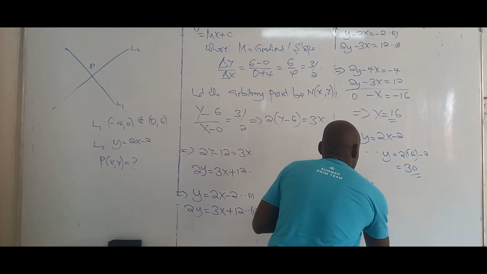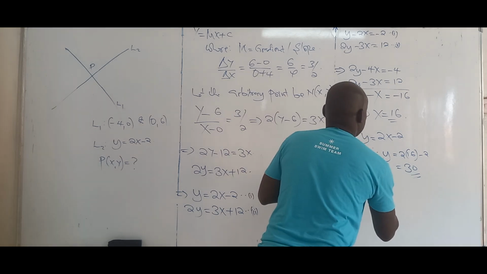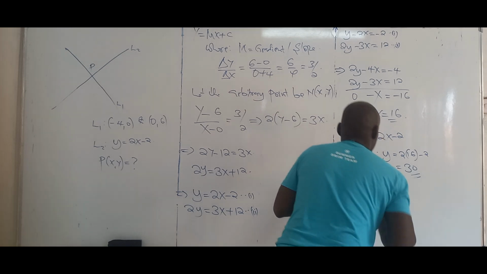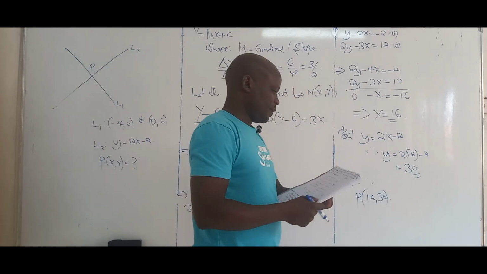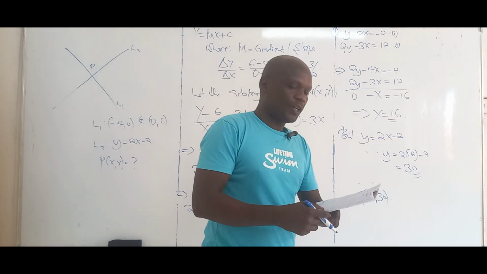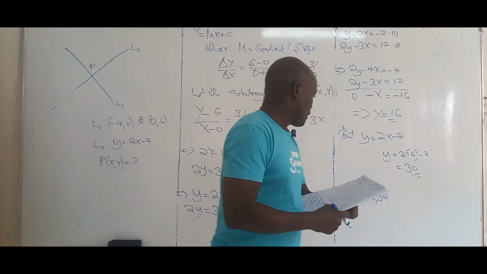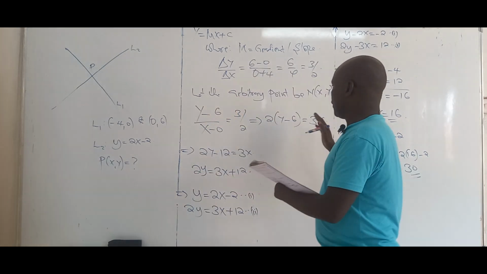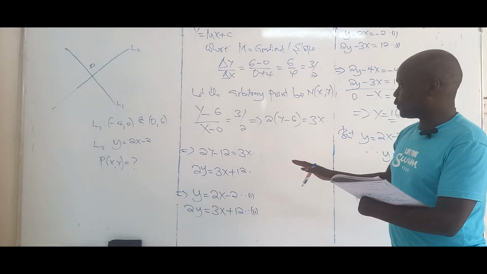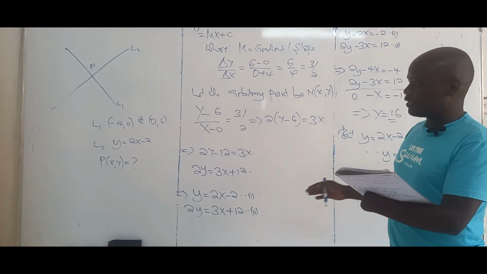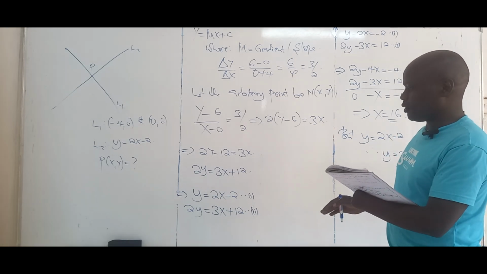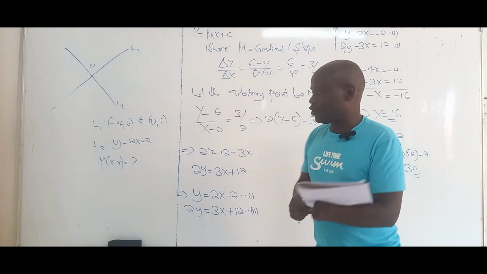Therefore, the answer that we want is x is 16 and y is 30. Those are the coordinates of point P. So, for candidates who are about to sit, this work is majorly Form 2, but it's worth revising over and over again before you sit your 2024 examination. Success, and meet you in my next video.